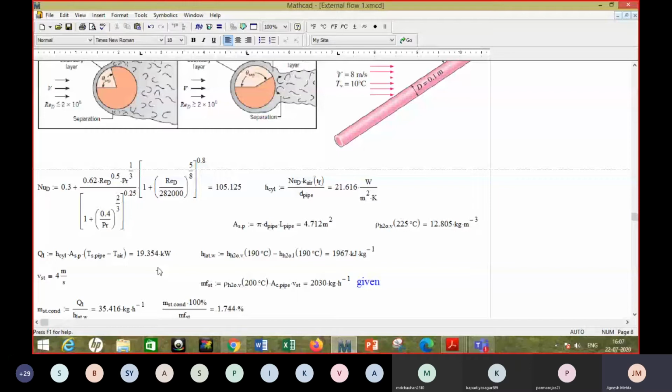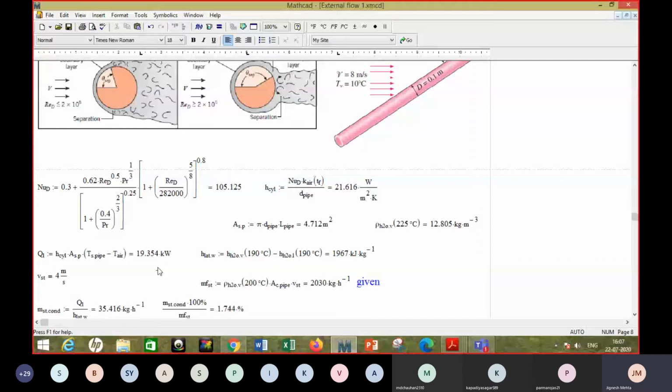that these things are always relative. So let's try to get this number, what percentage of steam is getting condensed. For that, you should know the latent heat of vaporization of water at what temperature.